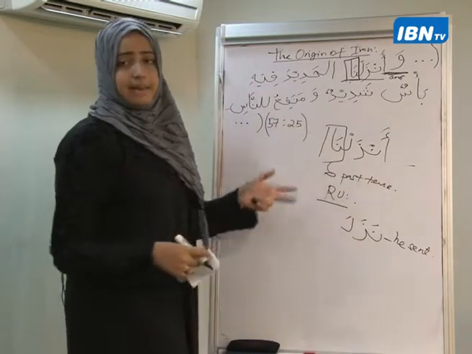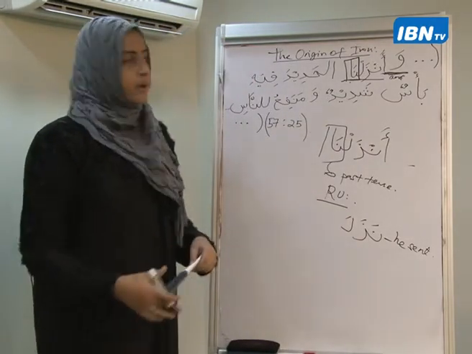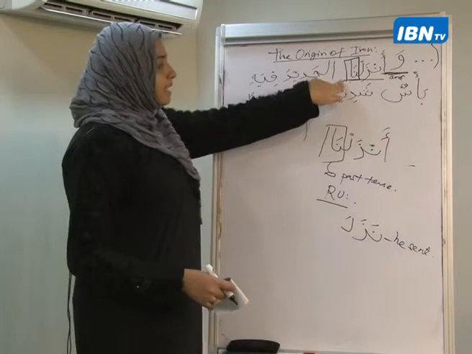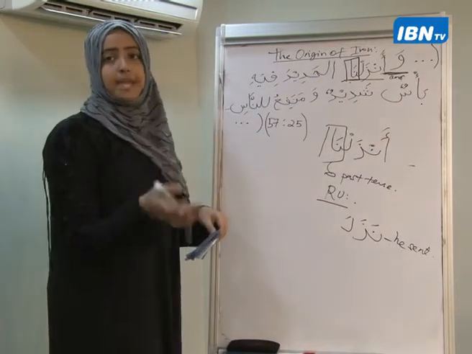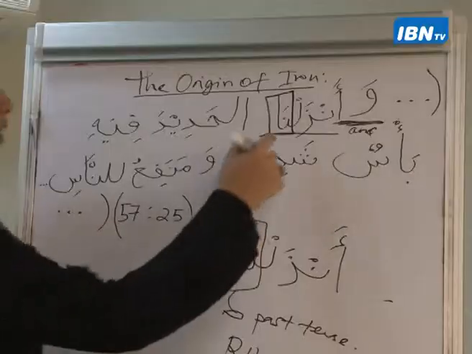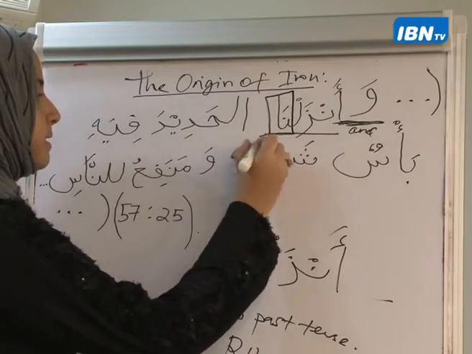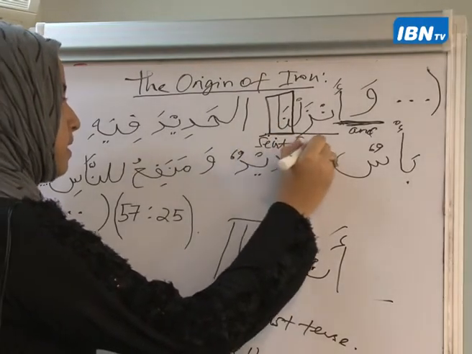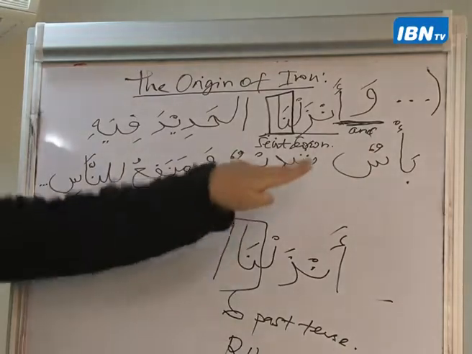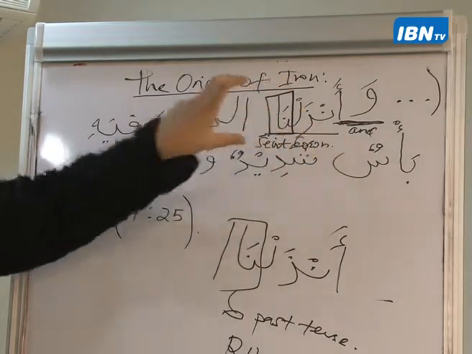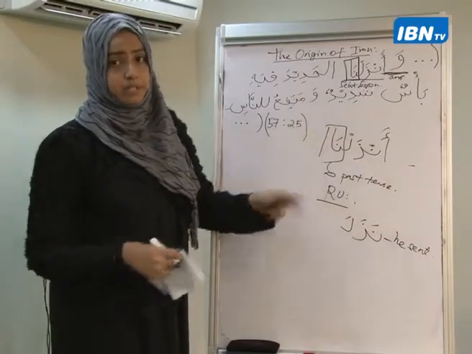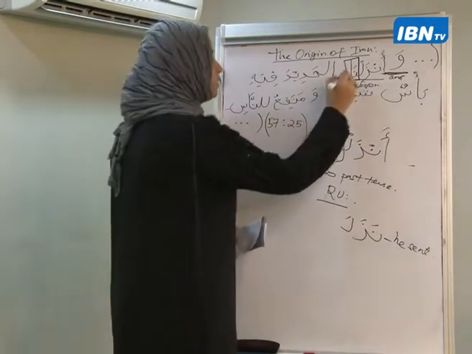So, anzalna means we sent, okay? So, wa anzalna, and we sent down. Put a highlighter on this, because this "sent down" is very important, because we'll be discussing it, right? So, sent down.